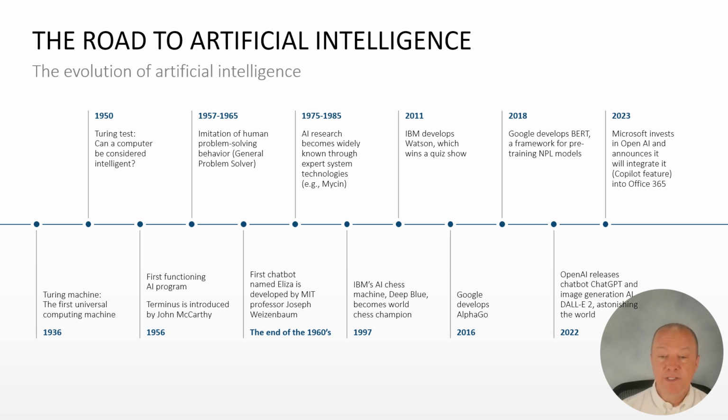Then we have in 2016, Google developing AlphaGo, following it with BERT, a framework for pre-training NLP models in 2018. Then in 2022, we see the acceleration of AI, where OpenAI releases chatbot GPT and image generation AI with DALL-E 2.